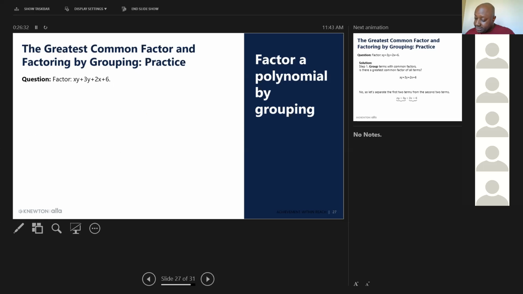Okay, next up is factor xy plus 3y plus 2x plus 6. Couple of ways you could do this. Let's start with put parentheses around the xy plus 3y and then the 2x plus 6.